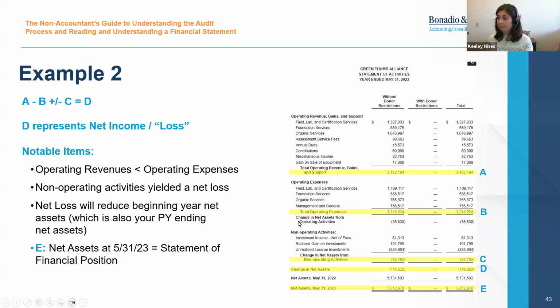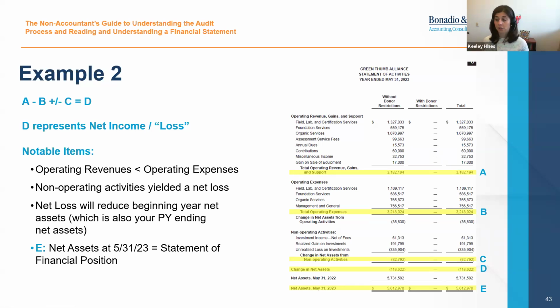Here we go. You will see that we end up with a negative change in net assets from operations. So that is okay. However, really important for you to understand that without these non-operating activities, you had a net loss, okay?